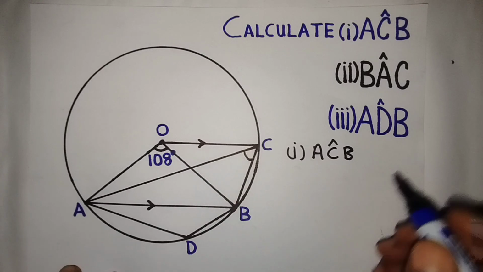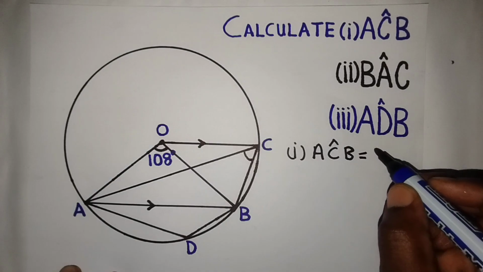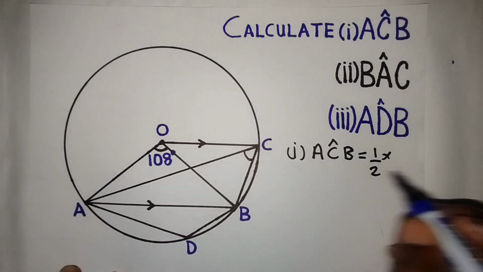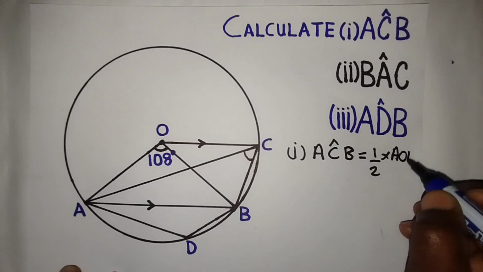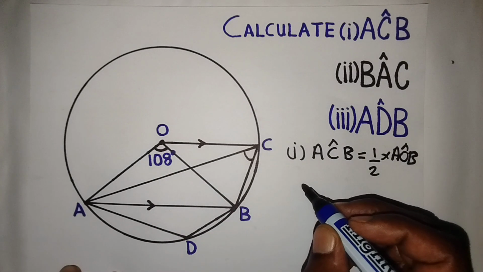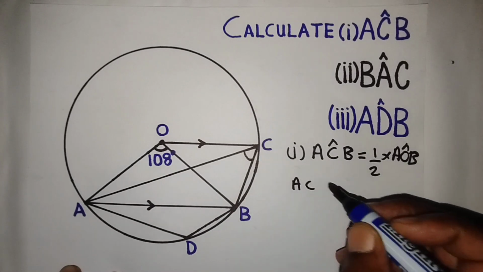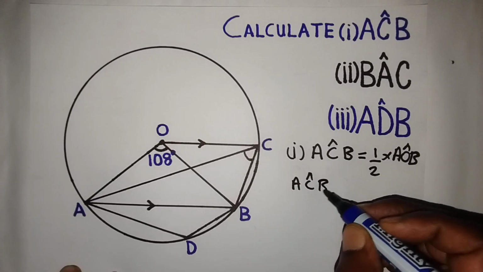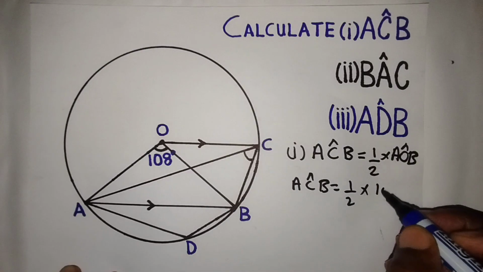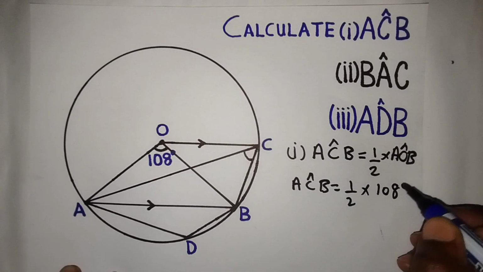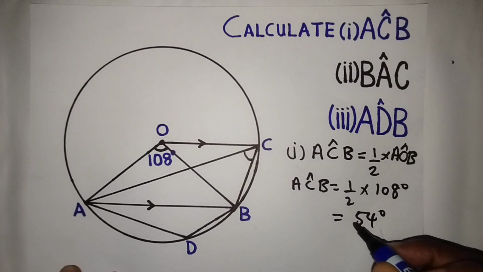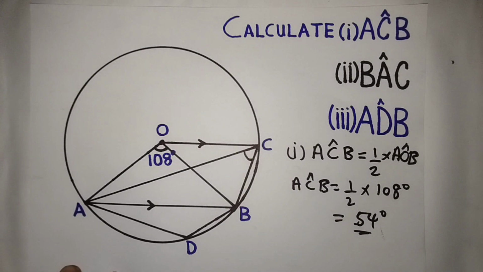So angle ACB equals half of angle AOB, which is this one at the center. So it means our angle ACB equals half of 108 degrees, which is equal to 54 degrees.